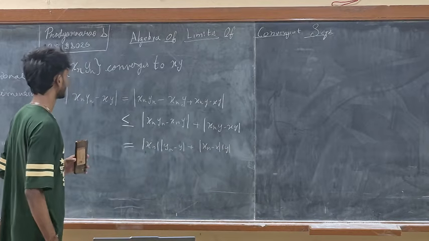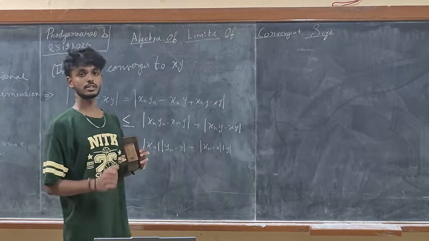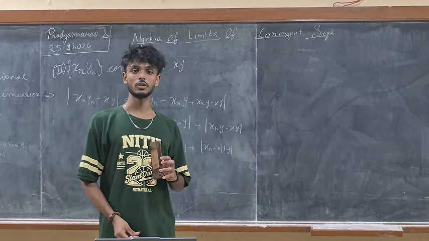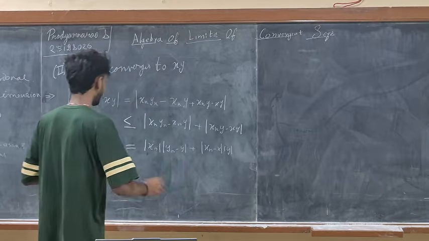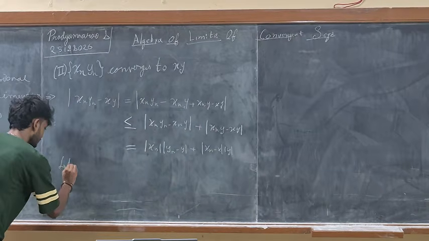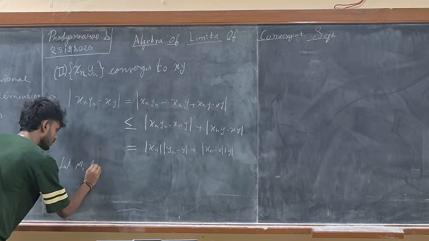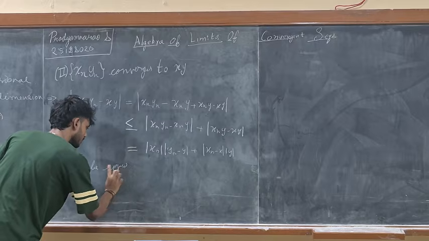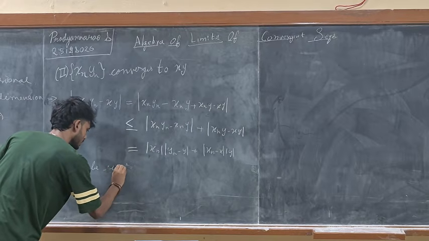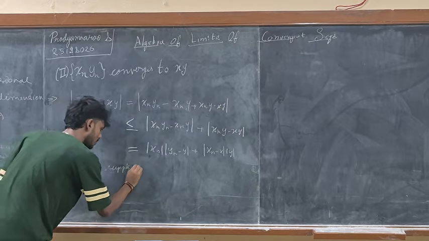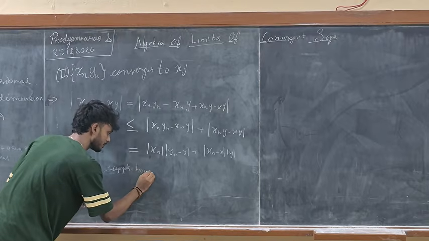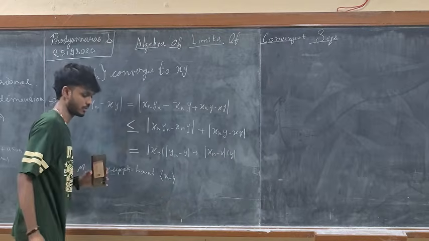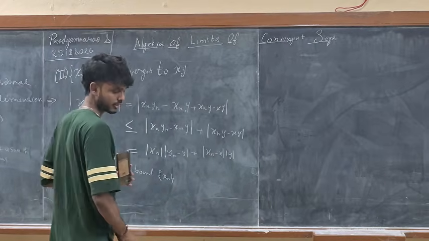After this, as we know, xn and yn are two convergent sequences. All convergent sequences are bounded by an upper limit. So let M1 be an upper bound of xn.